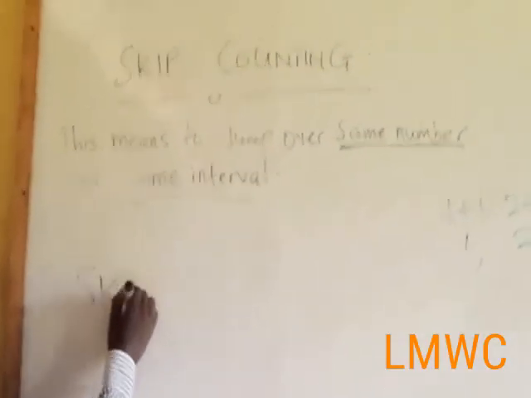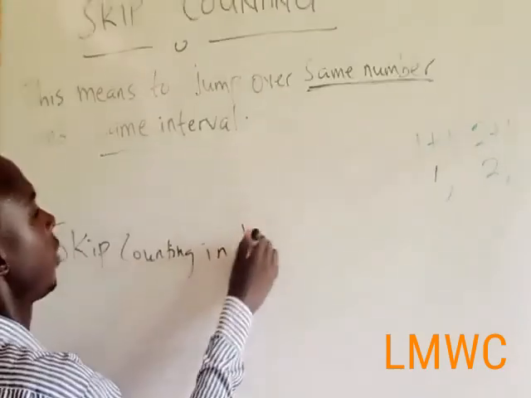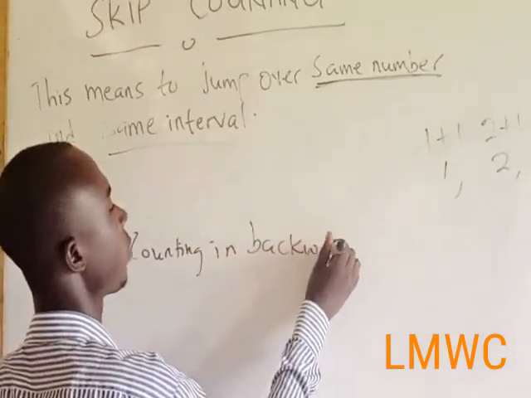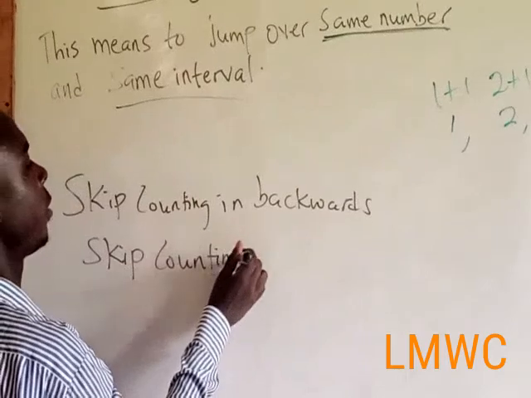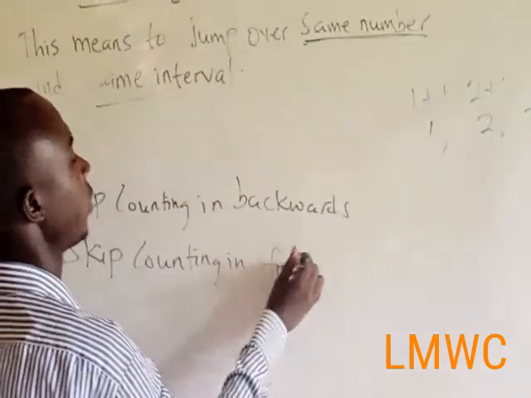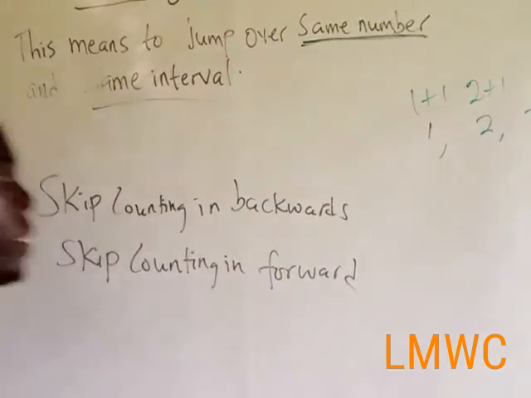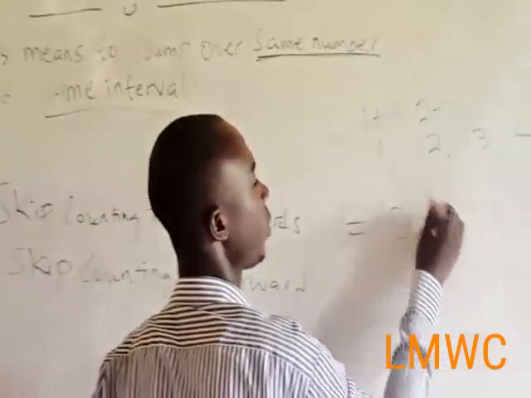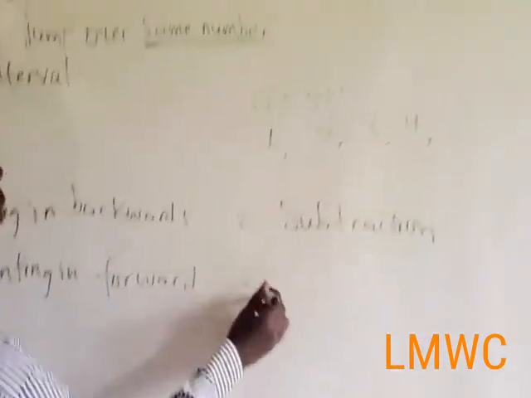Keywords are skip counting in backwards and skip counting in forward. So always, if they say backward, it means subtraction. Forward means addition.